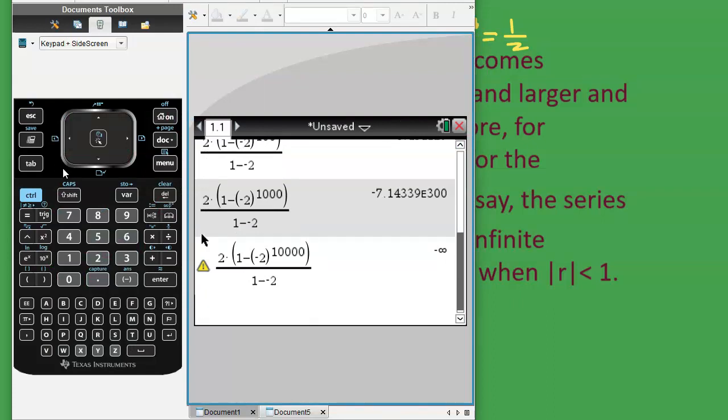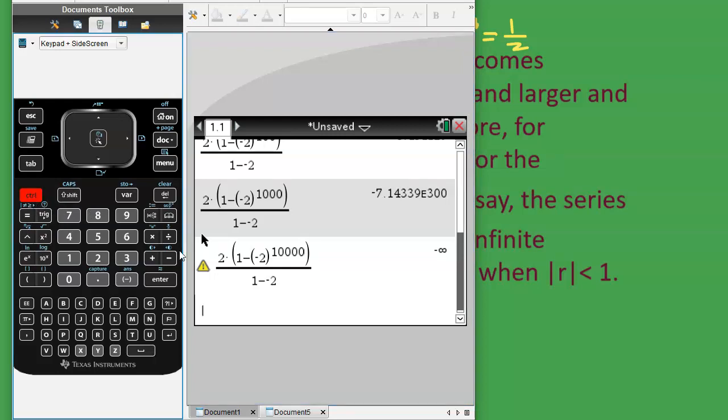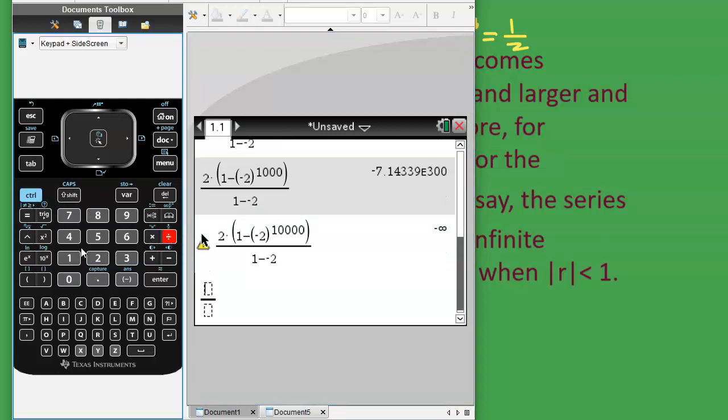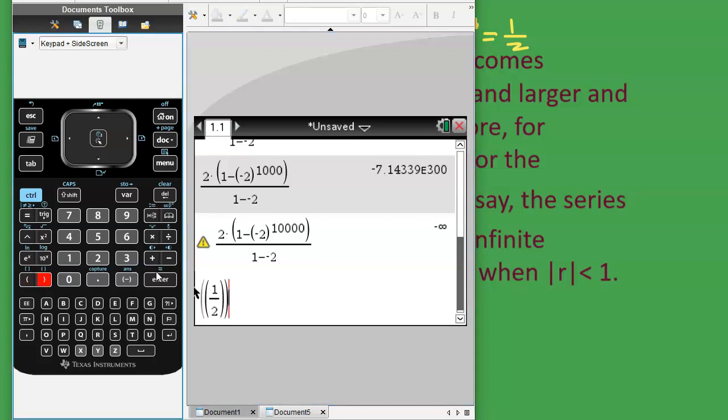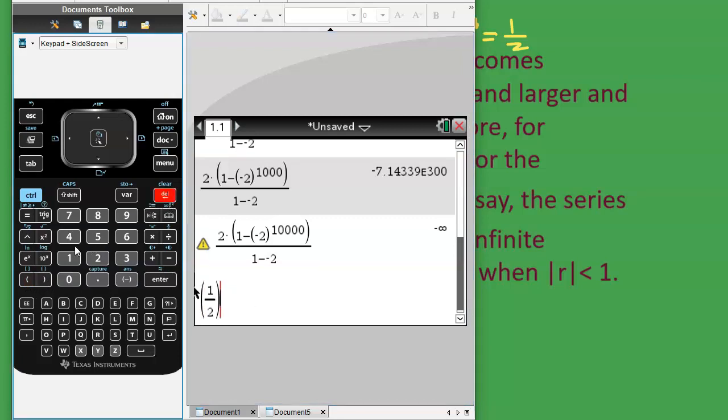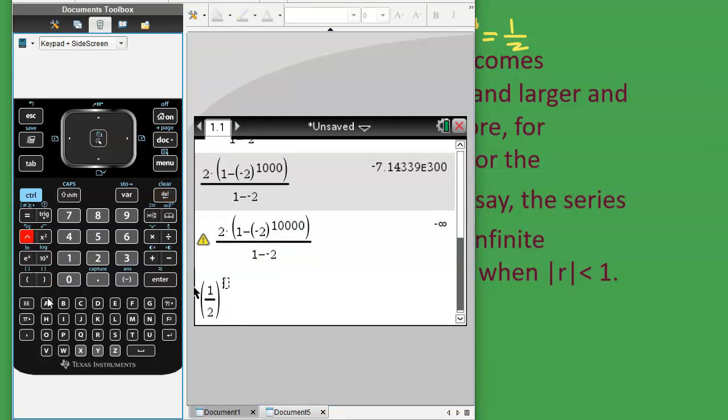Let me write half and show you. So it is half to the power of, say, I take 10 or say 4. I start with 4. Half to the power of 4.